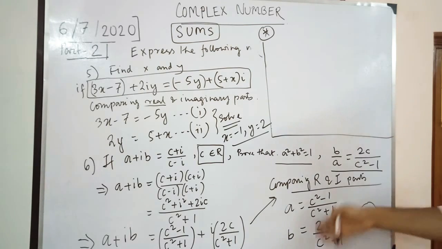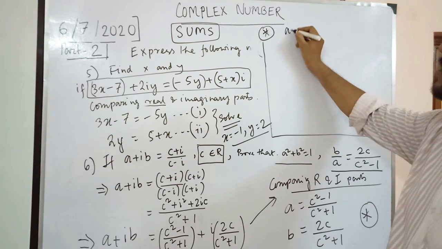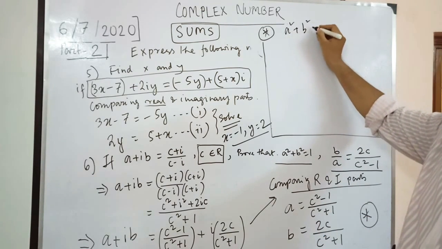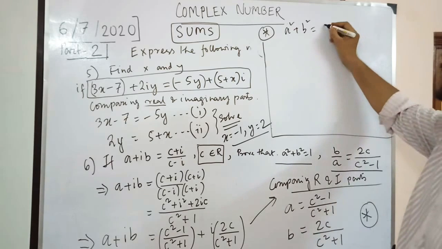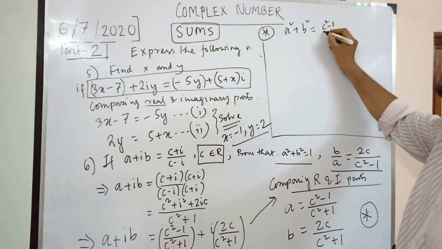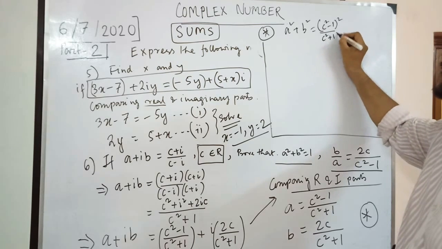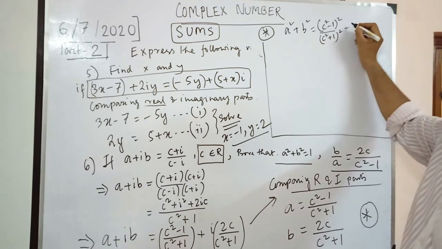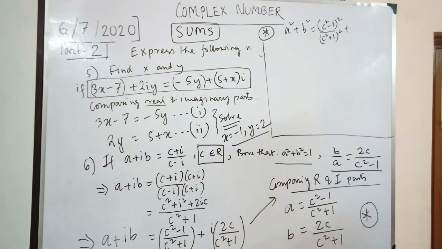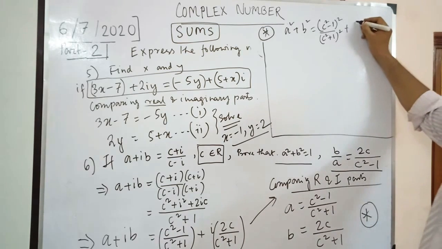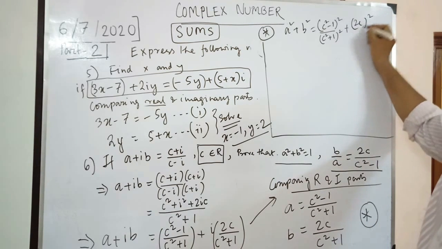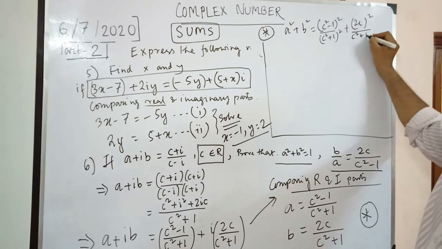I'll square them and try to add. So what is a square plus b square? If I square this, I'll get c square minus 1 whole square by c square plus 1 whole square, plus this square, so 2c whole square by c square plus 1 whole square.